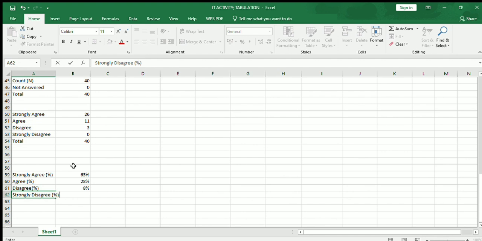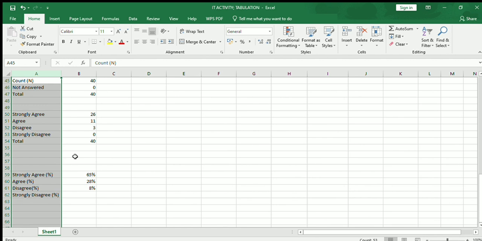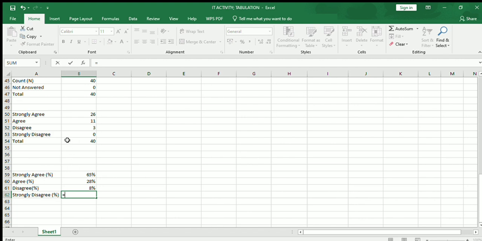The formula on how to get the percentage of the respondents who answer strongly disagree is equal sign, highlight strongly disagree, and then divide into the total, and then enter. Then you will get the amount of the percentage who answer strongly disagree.